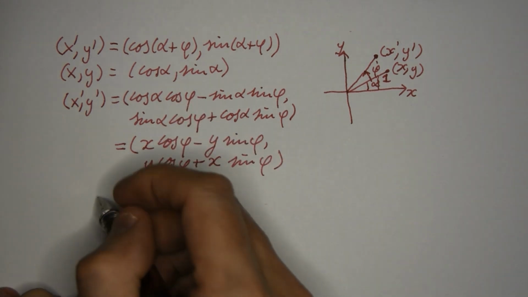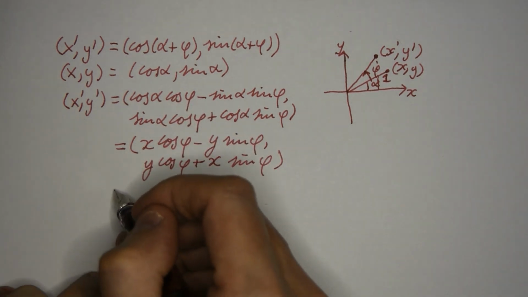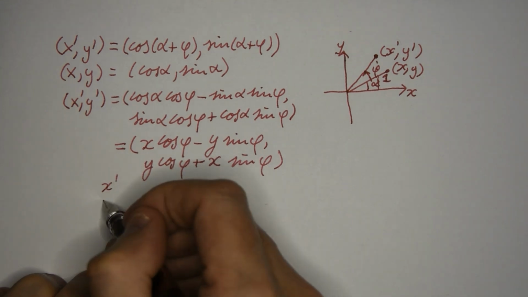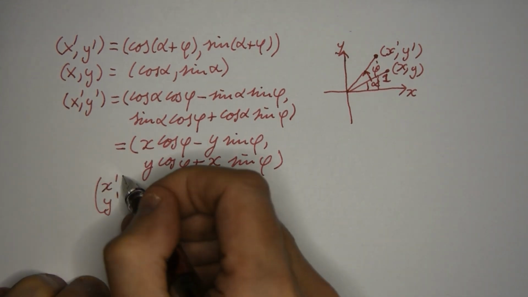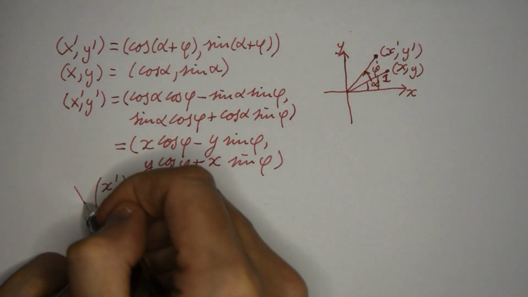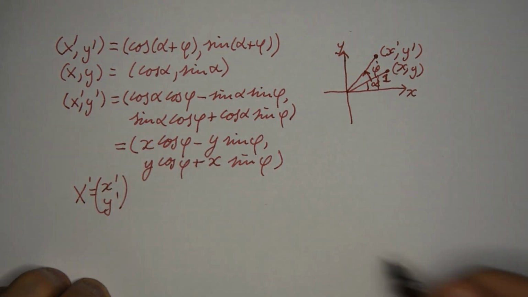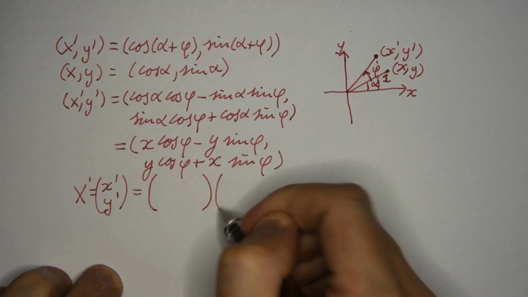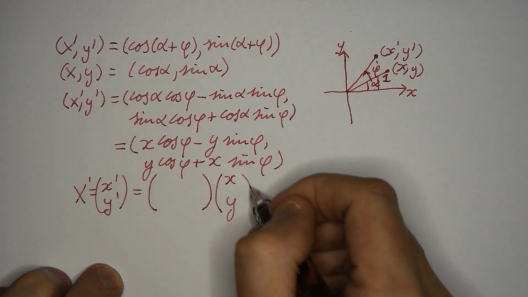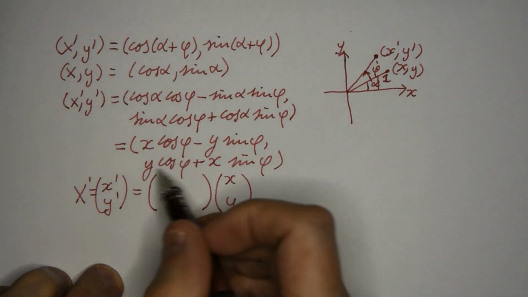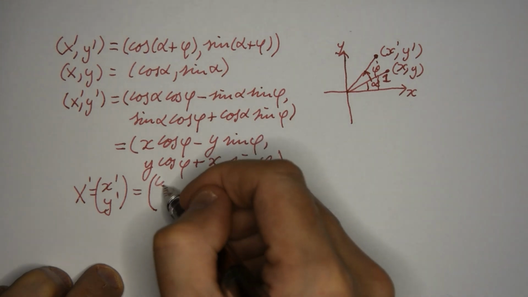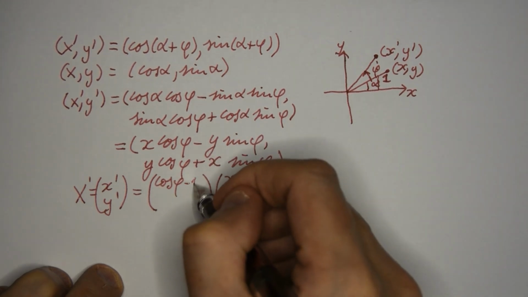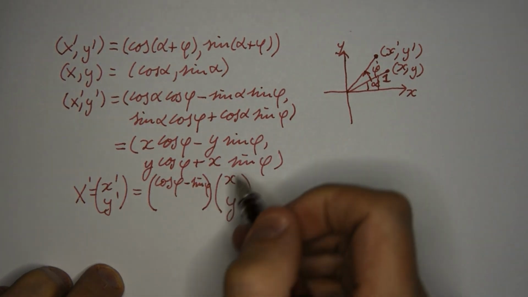This we're going to rewrite and put it in matrix form. So we do x and y-accent, we create a two-row matrix, call that x-accent, and we're going to work out what the matrix should be. And we can read it off from here, right? We can say, okay, that's then cosine phi minus sine phi, right?